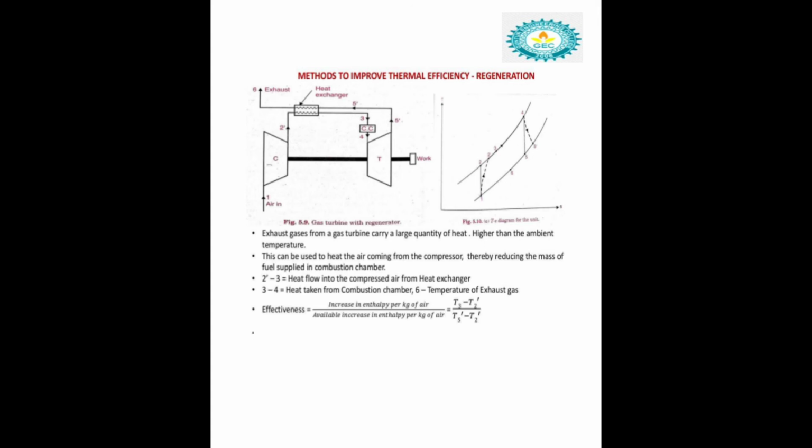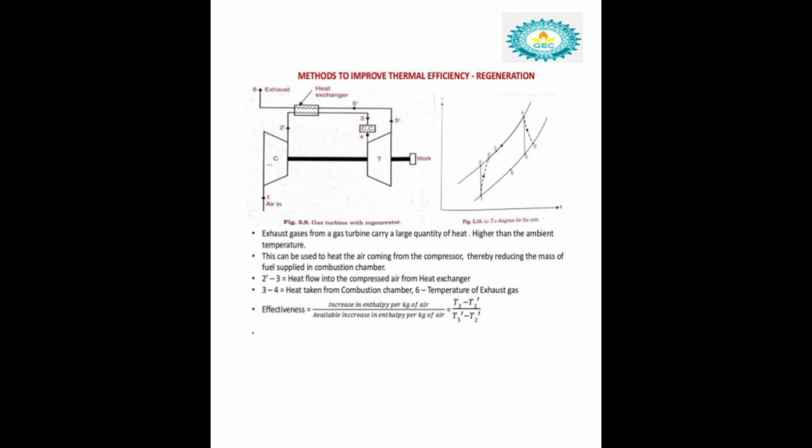Let us see the diagram. The compressor and a turbine are mounted on a single shaft, and in between we are using a heat exchanger. The exit of the compressed air is supplied to the combustion chamber.